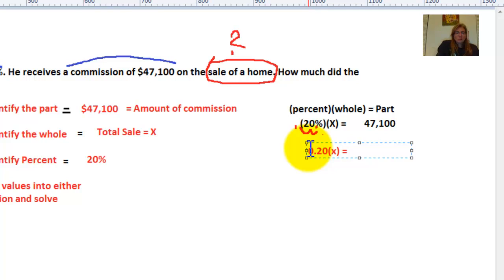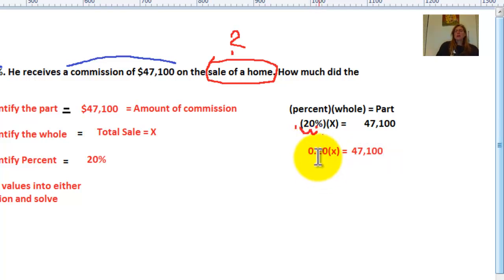X, we still have that X there, and that's still equal to $47,100. What we have now is a similar situation over here. We have to isolate that X. So we're going to take both sides and divide by this number here, 0.2.